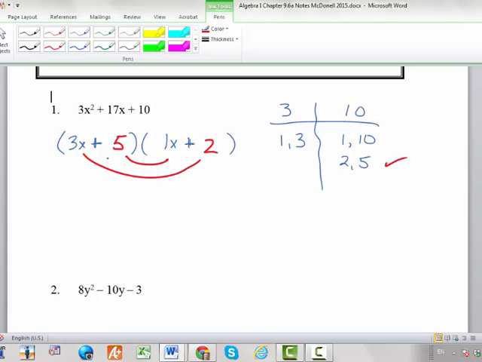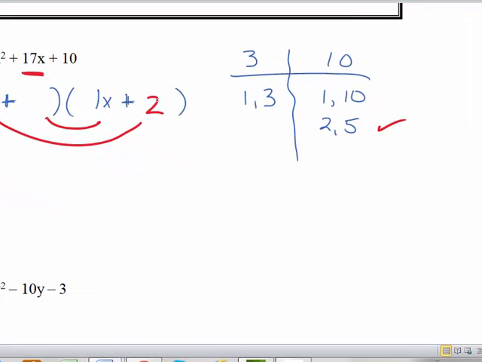Outside, 3 times 2x is 6x. Inside, 5 times 1x is 5x, and that gives us a total of 11x. As you can see, that doesn't equal the 17 that we have. So we're going to need to take out those 2 and 5, and consider what else we might try.